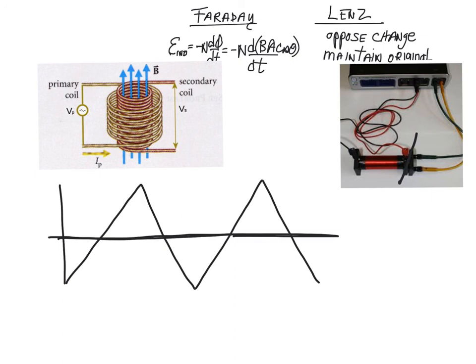So that's a constant positive high value. And then when it switches here, it drops to a constant negative slope, and then it goes back to the positive slope, and then it goes back to the negative slope. So you see what you get for the output on the secondary coil is a square wave.